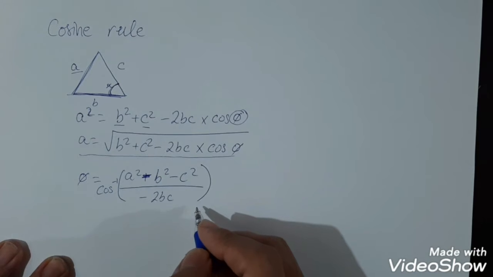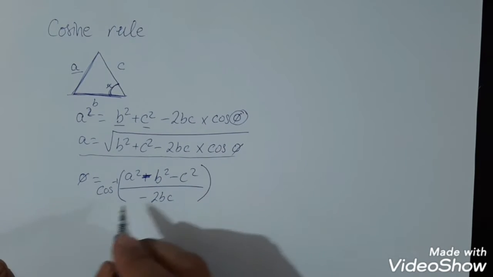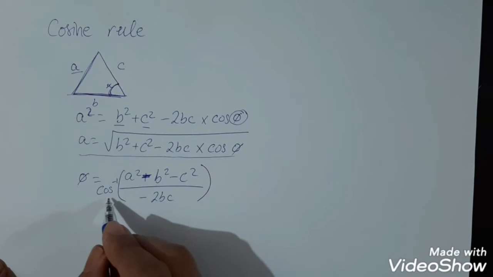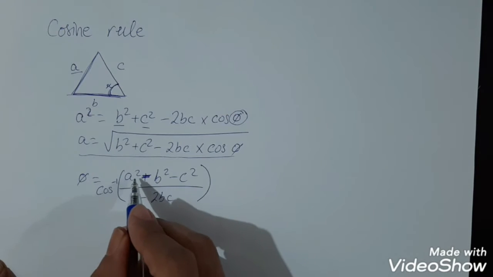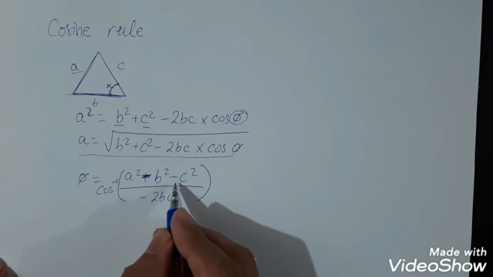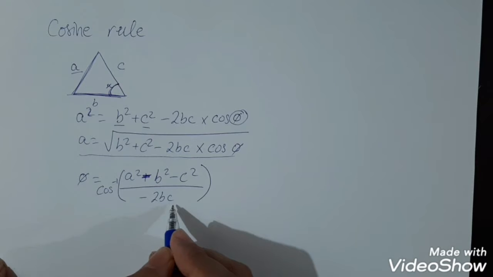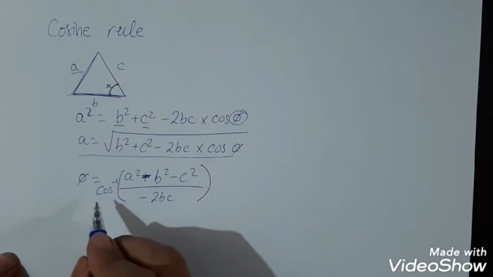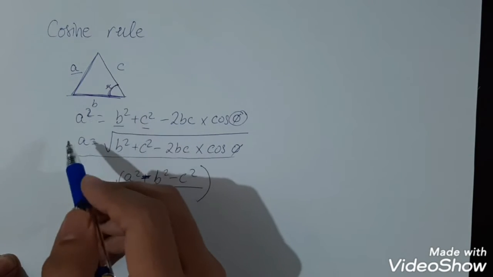So this is how we use the formula: cos inverse of brackets a square minus b square minus c square divided by minus 2bc, closed, if you have to calculate the angle.